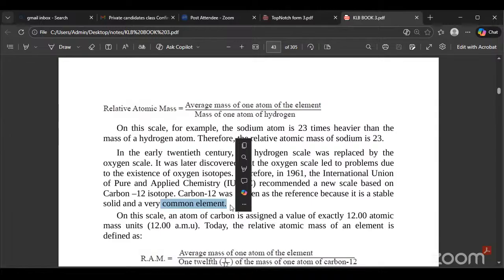So it is common. Everybody can be enriched to the carbon. Yeah. So those are the two reasons that we chose carbon 12 over the oxygen and over the hydrogen. Very important. Don't forget those two reasons. It is stable and it is also a very common element.